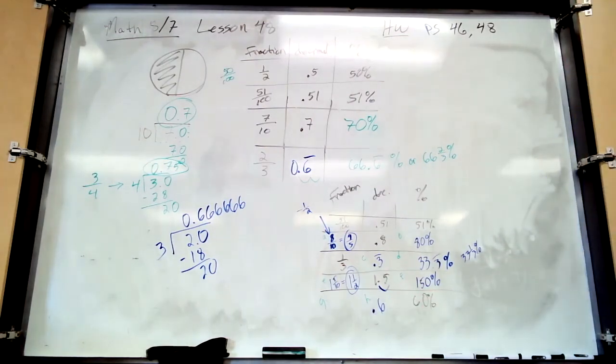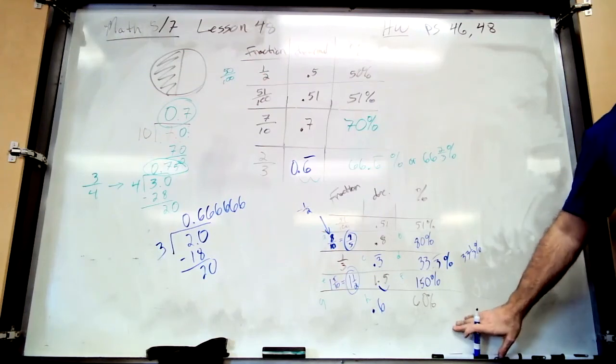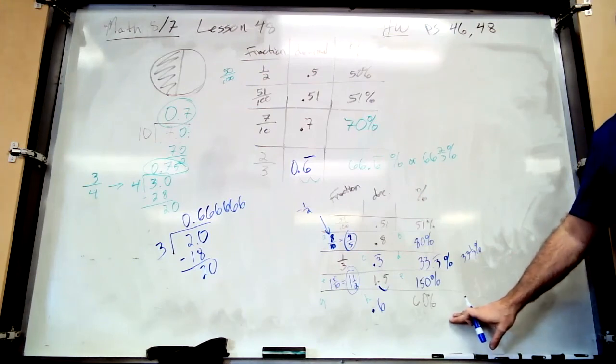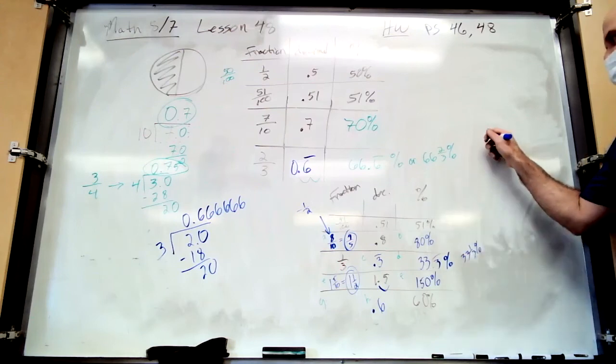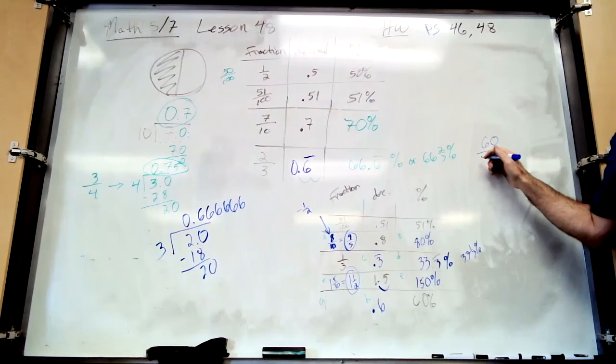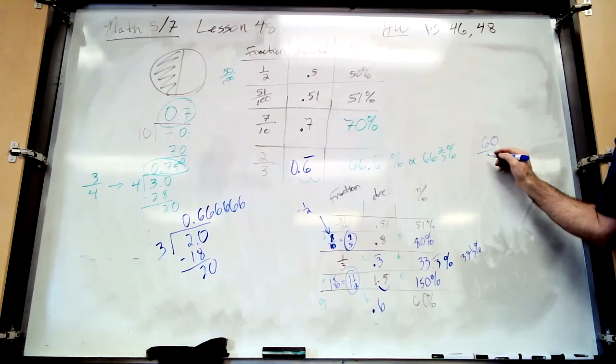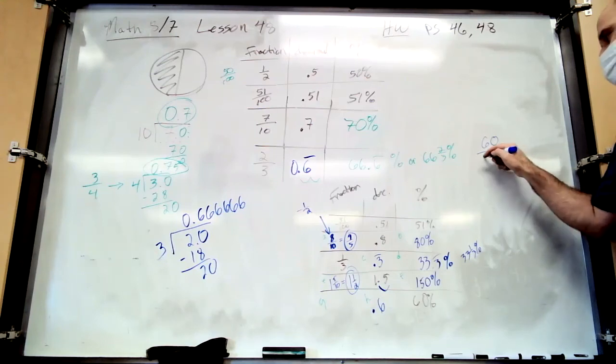All right. Somebody else. Elijah, it's up to you. How do you write that as a fraction? So if you say 60%, that's 60 per, and what's a cent? How many cents are in a dollar? 100, so 60%.